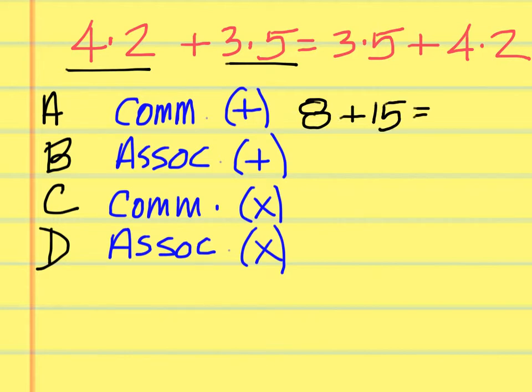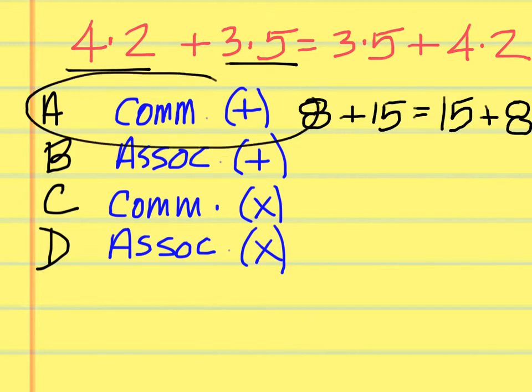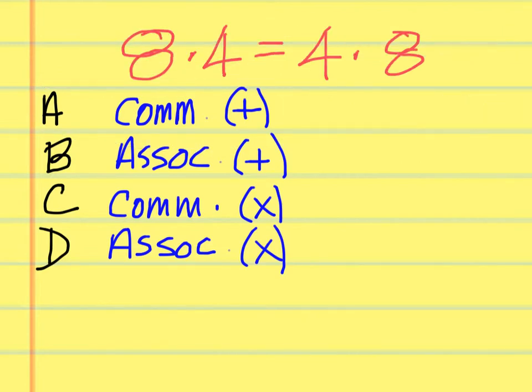On the right side, you have 3 times 5 first, and then 4 times 2. Now that should look familiar. If you can add 2 things in any order, then that would be the commutative property of addition. If you can multiply two items in any order, then that would be the commutative property of multiplication.